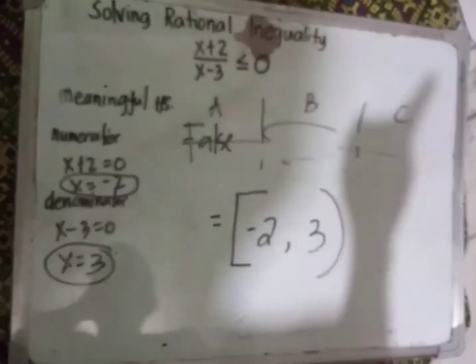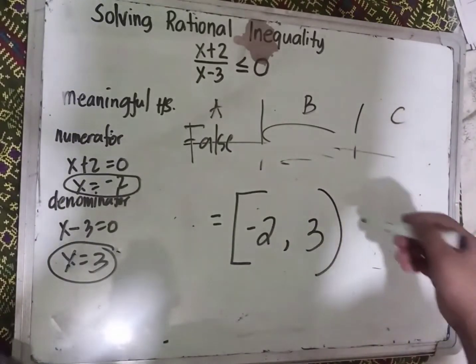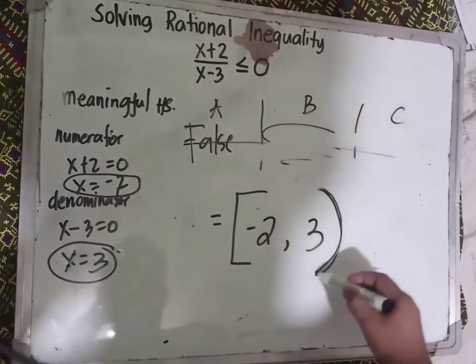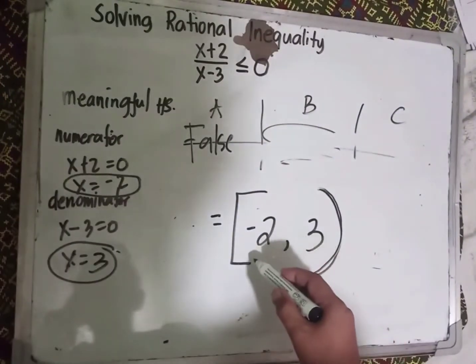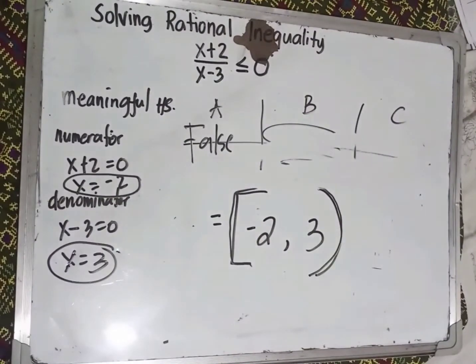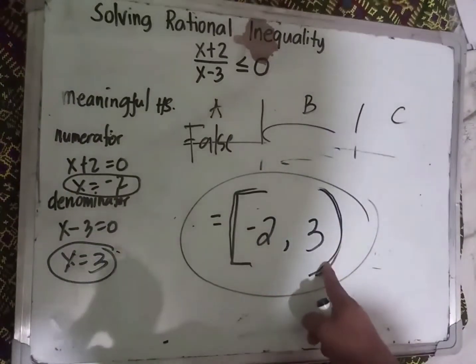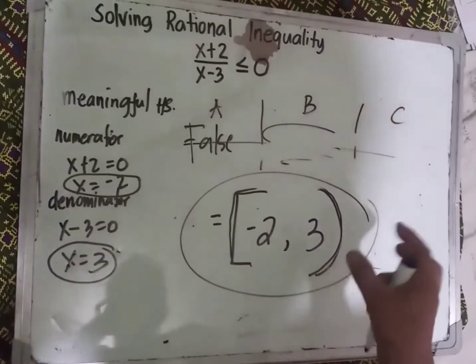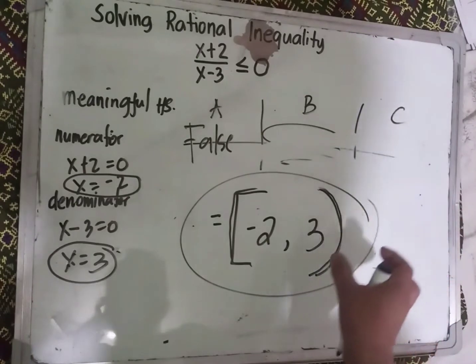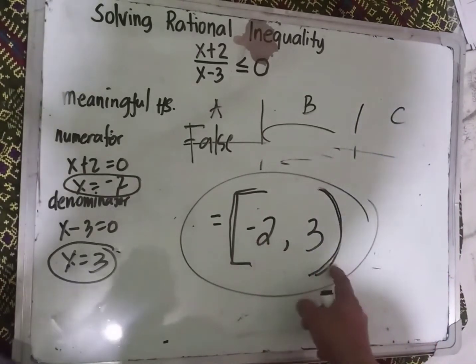Pag hindi solution yung meaningful numbers, we will use parenthesis. But ang negative 2 is part of the solution, we will use bracket. Okay, so ito na yung final answer. Negative 2 and positive 3. So meaning the solution is in between negative 2 to positive 3.